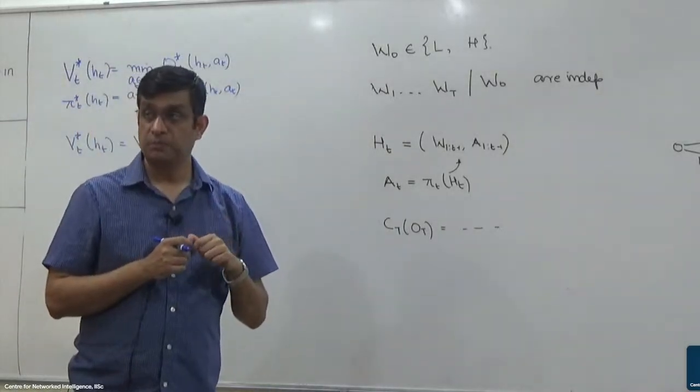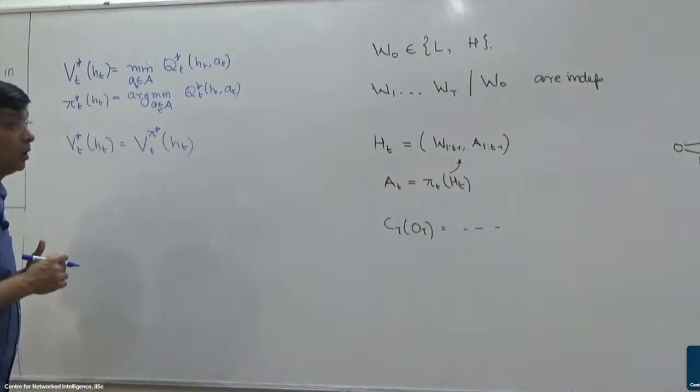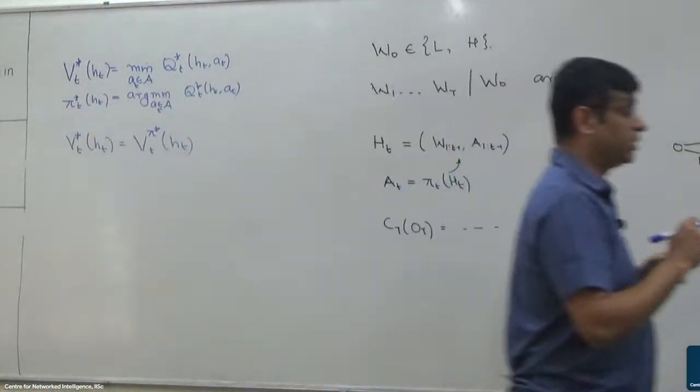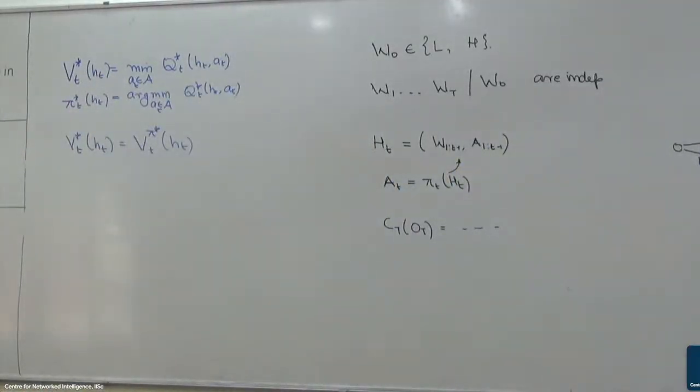Okay. Now, one other thing to note in order to sort of complete the optimality proof is to realize that the performance of a policy π is the expectation of the value function at time 1. Okay.